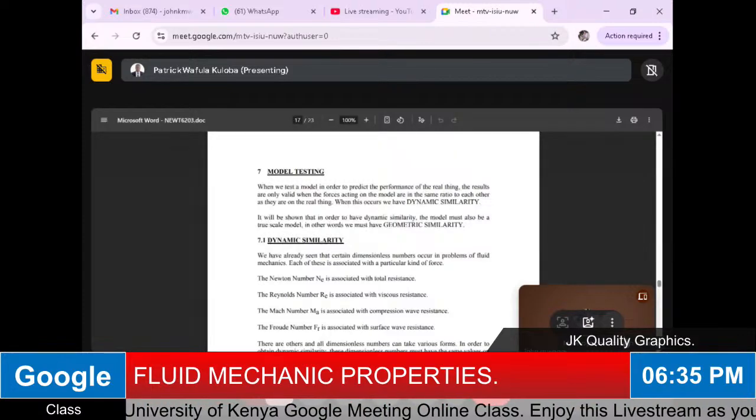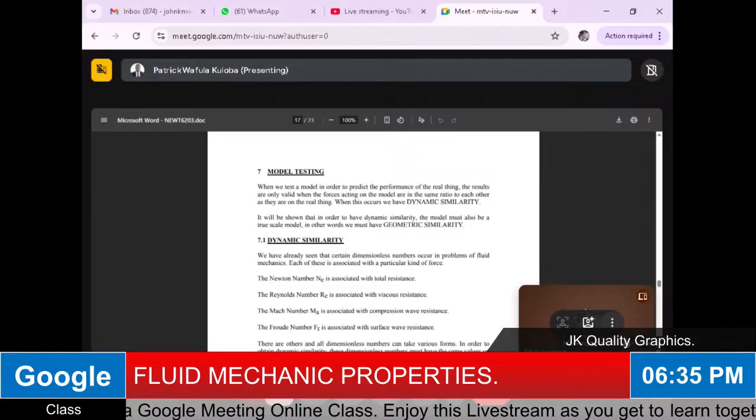Looking for the handout on modeling. So what is a model? Looking for a slide on modeling. So the next topic is modeling and prototype.